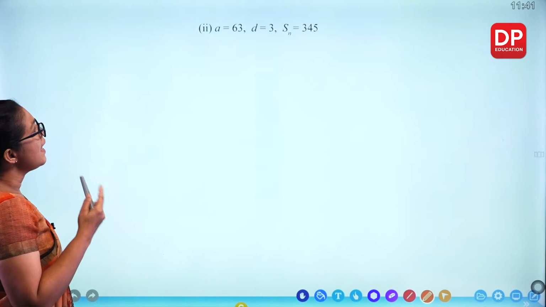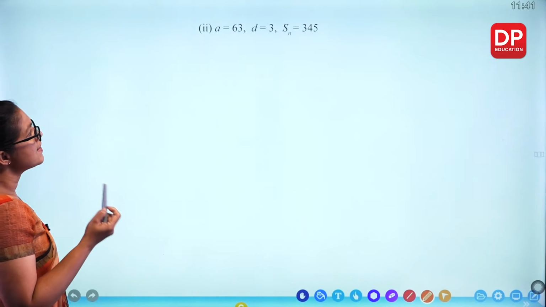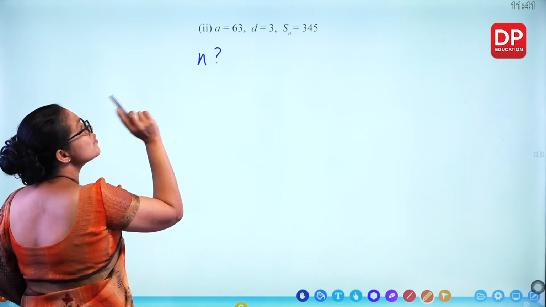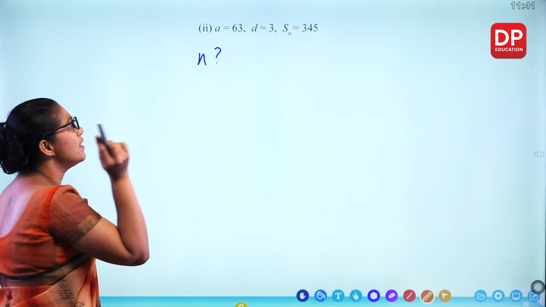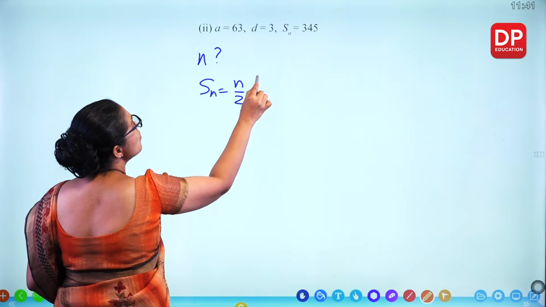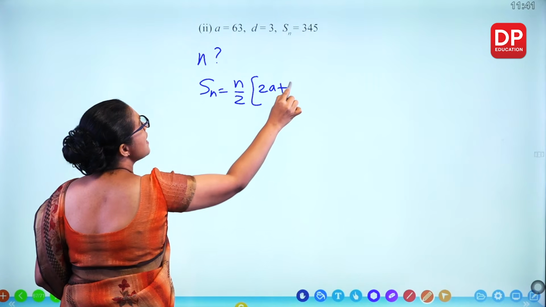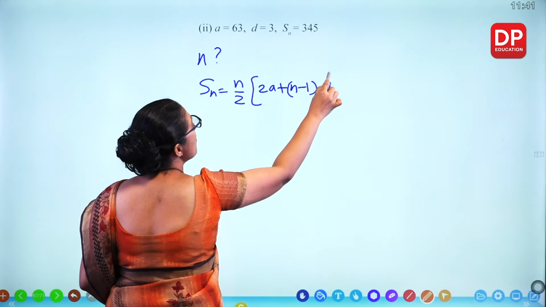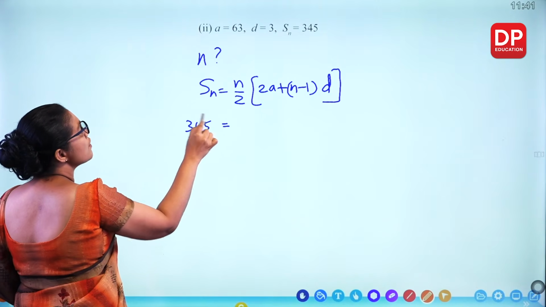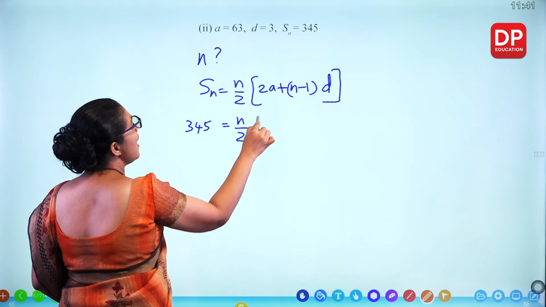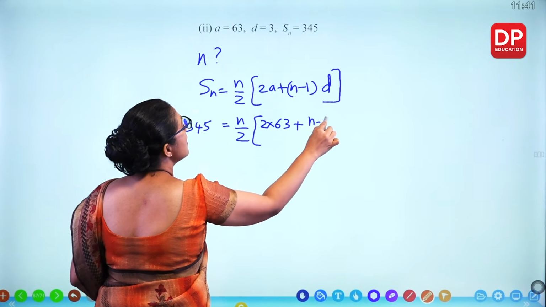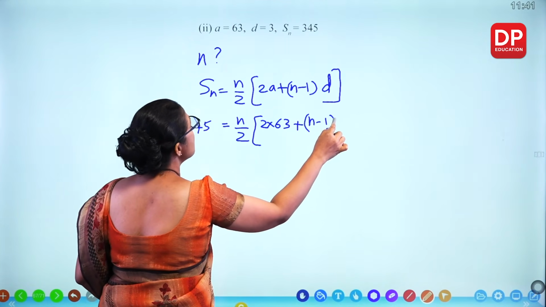Second part, A is given, D is given, Sn is given. So you are asked to find out n. So what's the suitable formula now? The other one. So Sn equals n over 2 times 2A plus n minus 1 D, formula you have to use. Sn is given 345 and 2 times 63 and D equals 3.